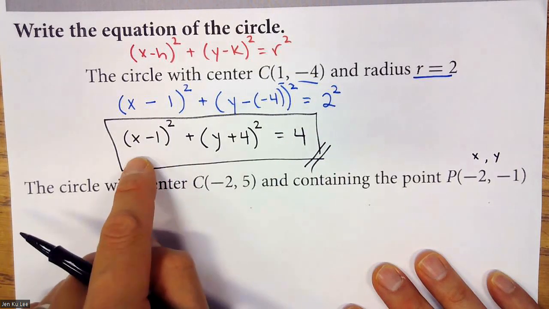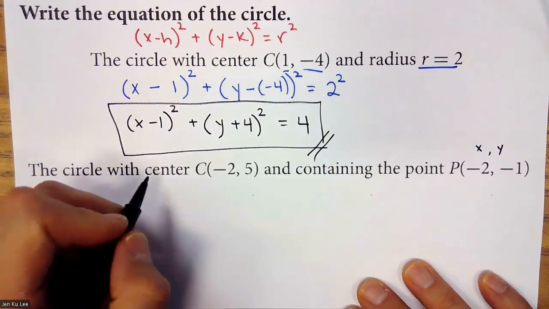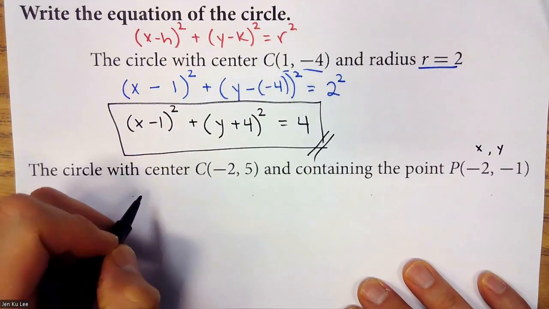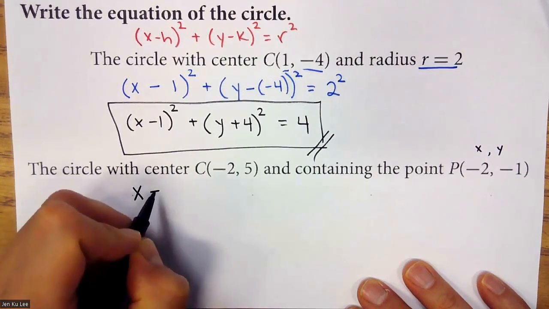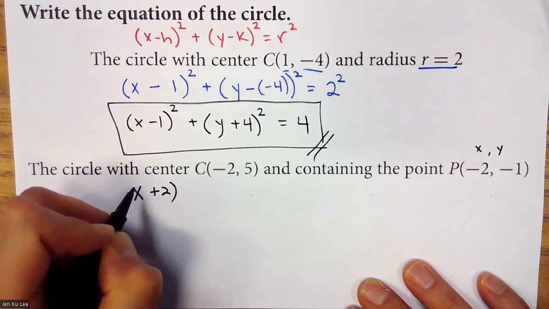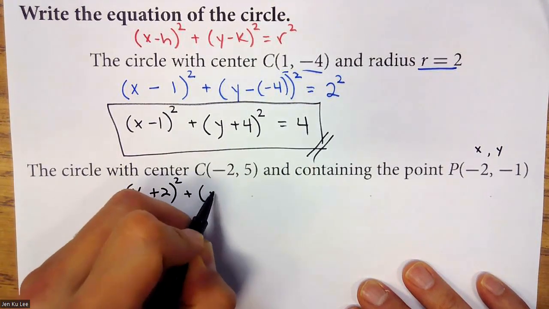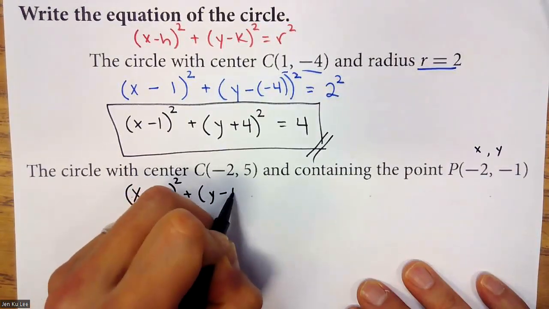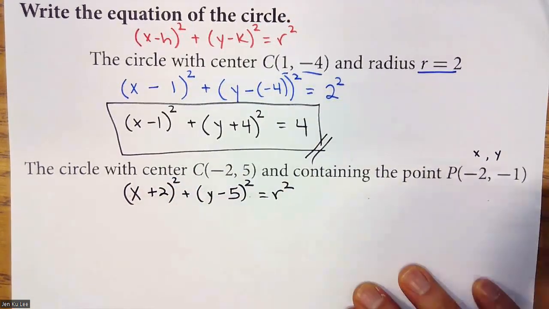So there needs to be an x, there needs to be a y. Here, my center is at negative 2, 5. So I know it's going to be x minus negative 2, which will make it plus 2 quantity squared plus y minus 5 quantity squared equals r squared.